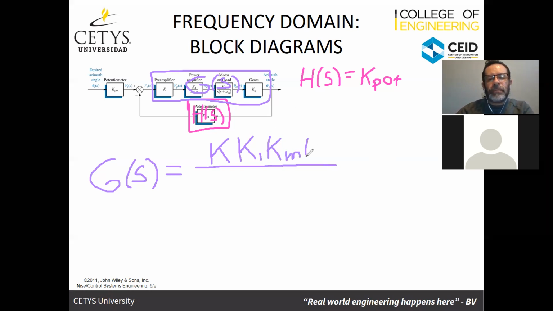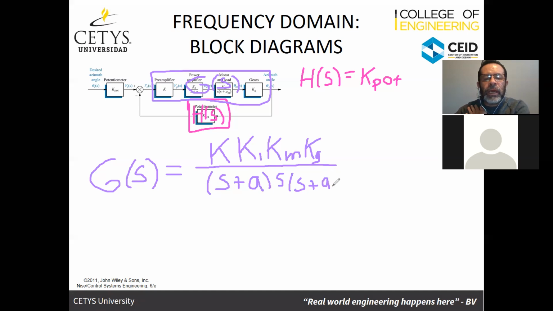And kg. And then on the denominator, we have s plus a multiplied by s plus am.